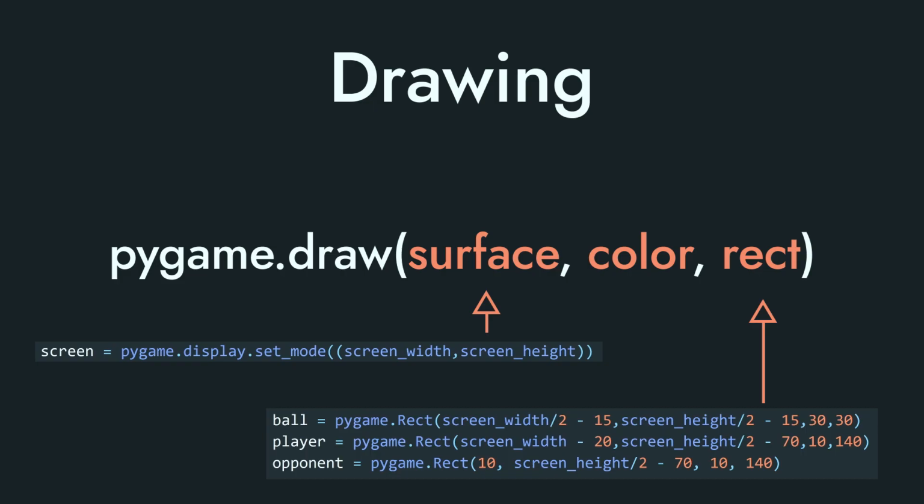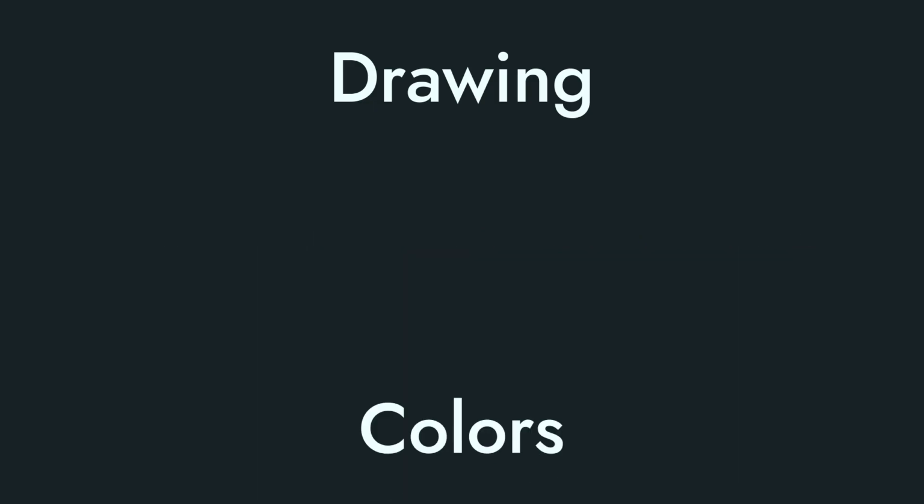So let's talk about colors then. There are 2 ways to create colors in Pygame. The most common one is with a tuple of RGB values. RGB stands for red, green, and blue, and you can set the value of each of these colors. If you mix the different values of each of these colors, you can create basically any color. Essentially, we have a tuple that we can pass 3 values into.